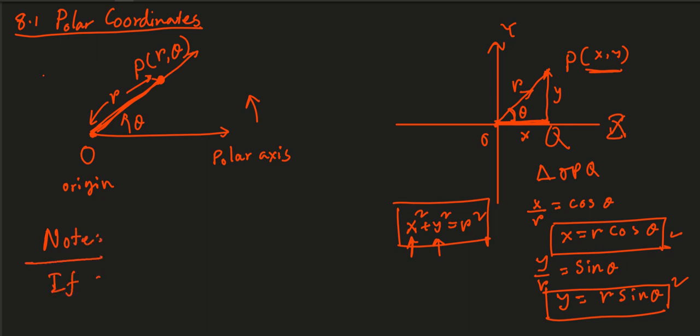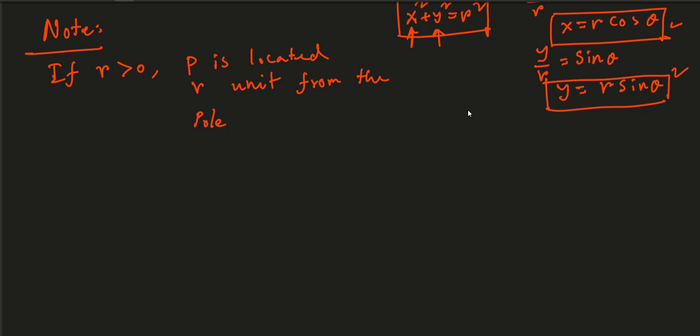If r is greater than 0, the point P is located r units from the pole in the direction of theta. This is the first note.